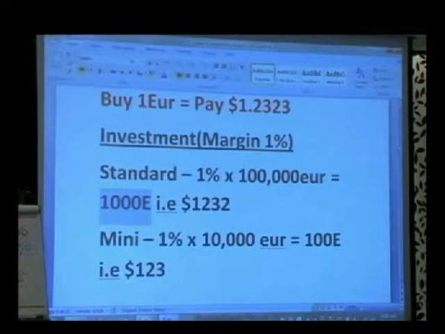For mini contract, it's 1% of 10,000, which is 100 euros. Now, if 1 euro is 1.2323 US dollars, then 1,000 euros is 1,232 US dollars. Similarly, 100 euros is 123 US dollars. Okay? So please write this down.